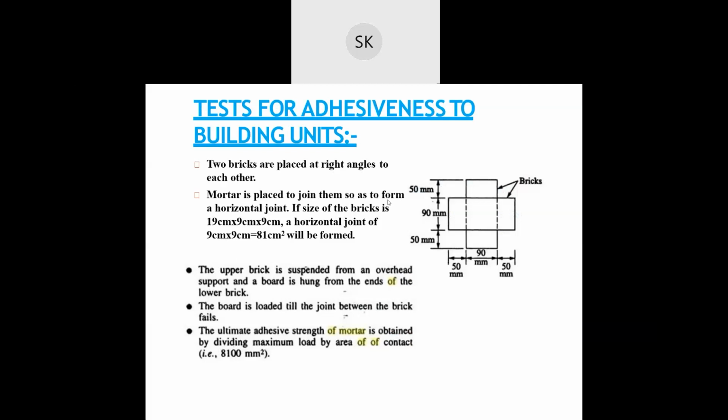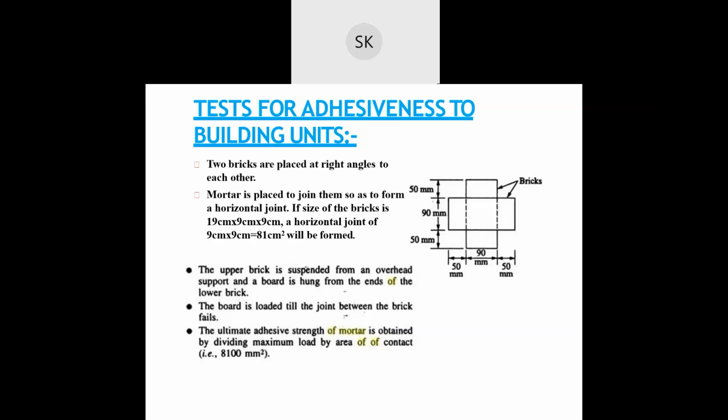Mortar is placed to join them so as to form a horizontal joint. The upper brick is suspended from an overhead support and a board is hung from the ends of the lower brick. The board is loaded till the joint between the bricks fails.